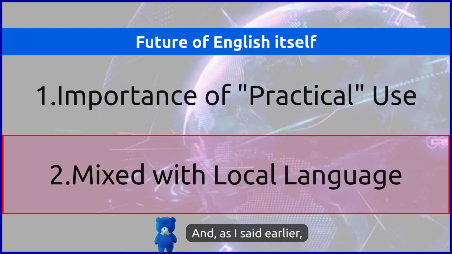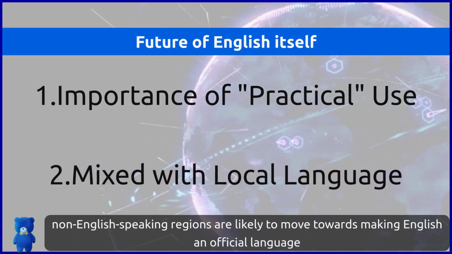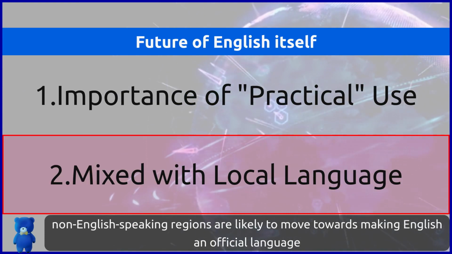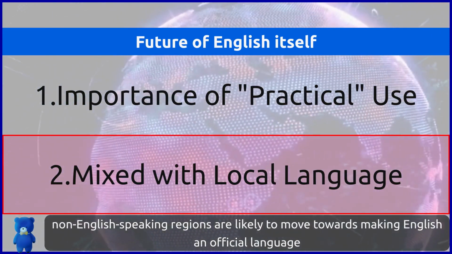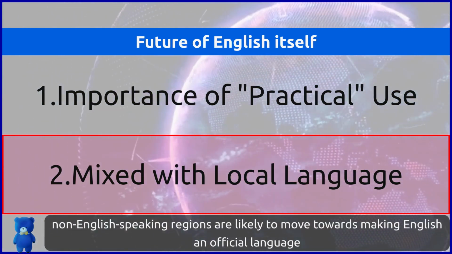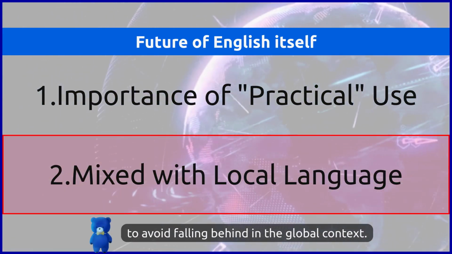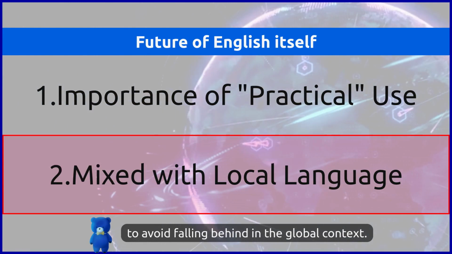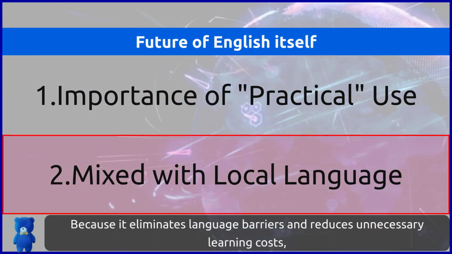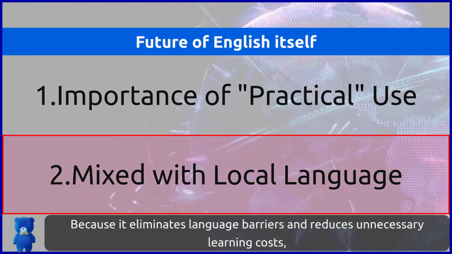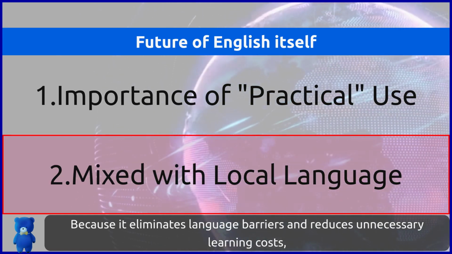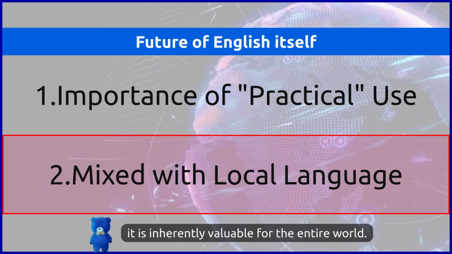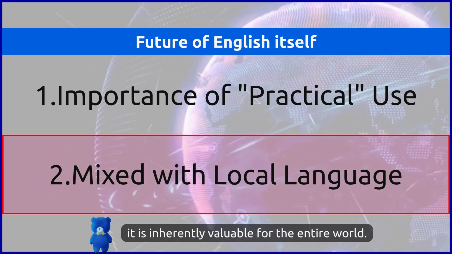And as I said earlier, non-English-speaking regions are likely to move towards making English an official language to avoid falling behind in the global context, because it eliminates language barriers and reduces unnecessary learning costs. It is inherently valuable for the entire world.